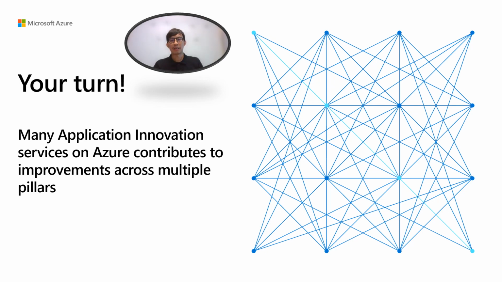It is that Microsoft Azure and GitHub Application Innovation Services can often help remediate and strengthen many of the points across the pillars of a well-architected cloud environment. For example, DevSecOps with GitHub enables best practices across security, reliability, and operational excellence. Azure App Service enables best practices across all pillars, and so on and so forth. Now, your turn to make the best of the well-architected framework.